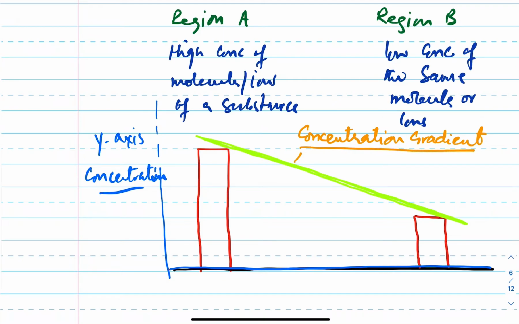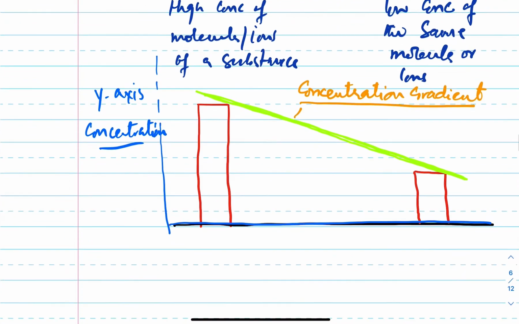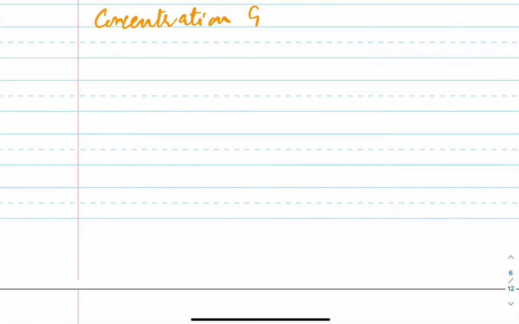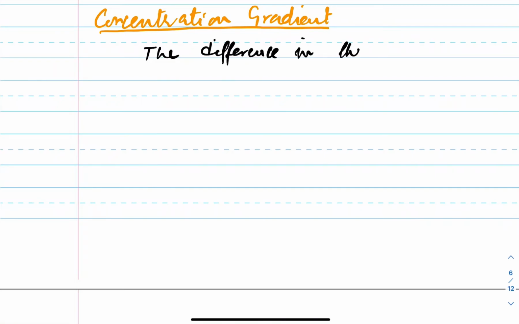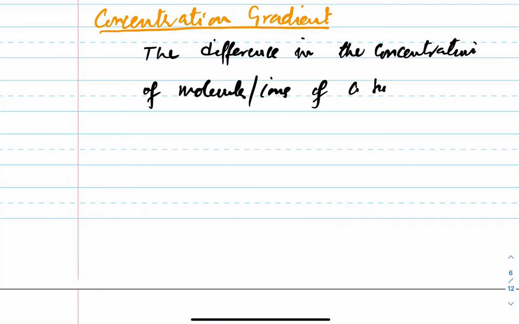So concentration gradient can be defined as the difference in the concentration of molecules or ions of a substance between two regions.